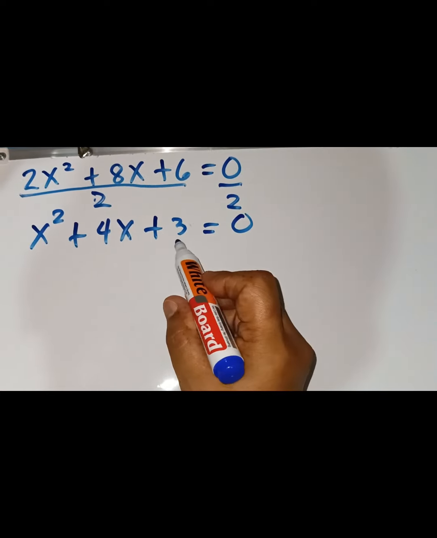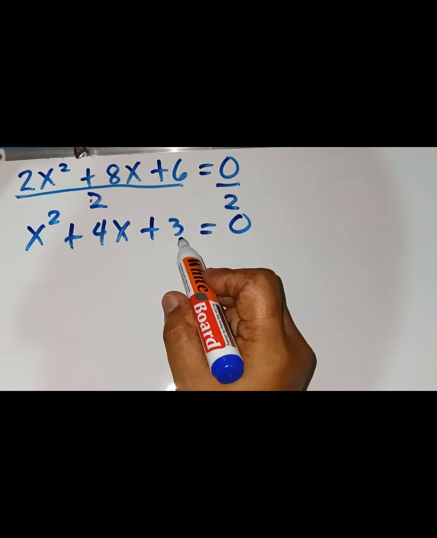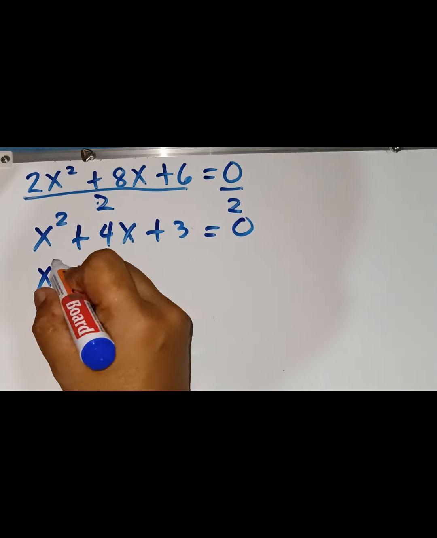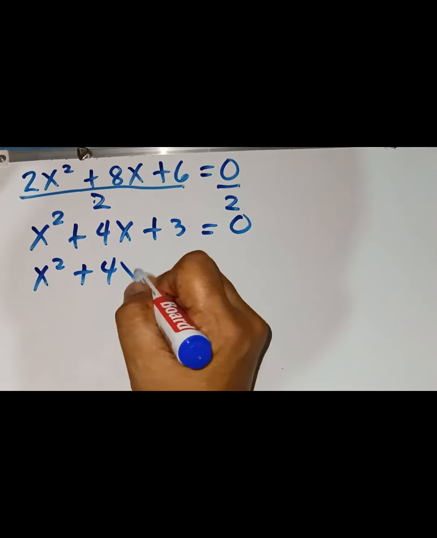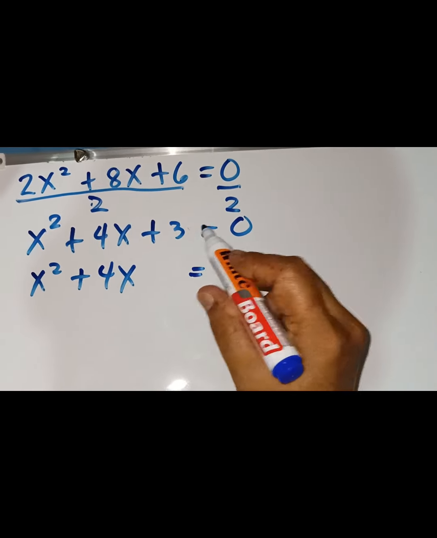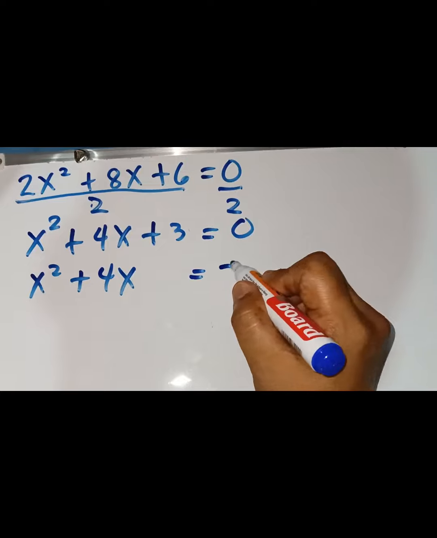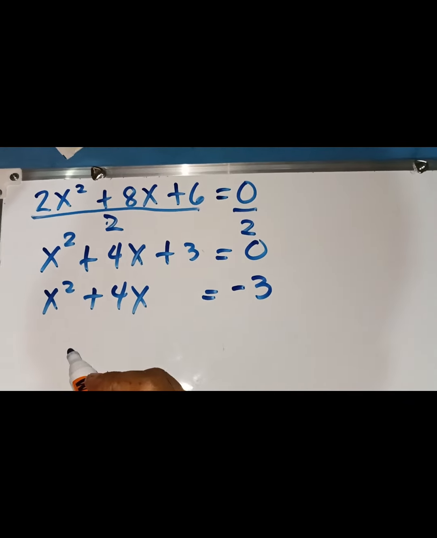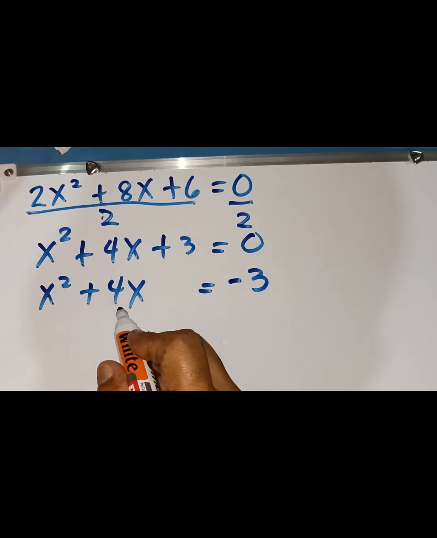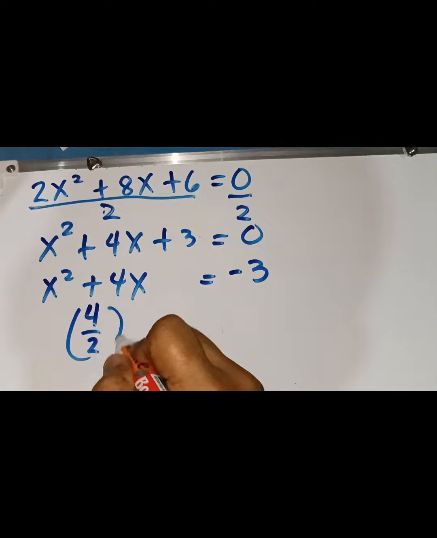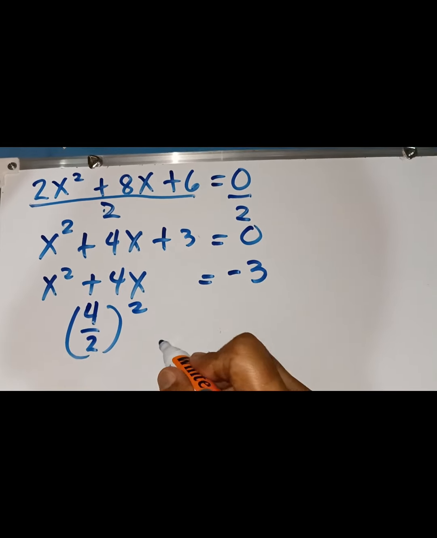Then, proceed to transposing positive 3 to the other side. So, we have x squared plus 4x is equal to, from positive 3 transposed to the other side, negative 3. Then, get the half of your b, which is 4 divided by 2, and then square it.